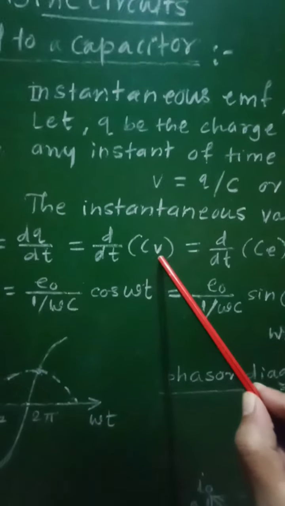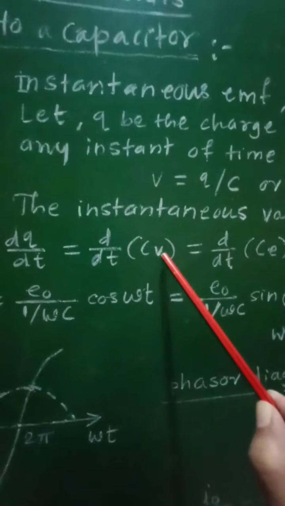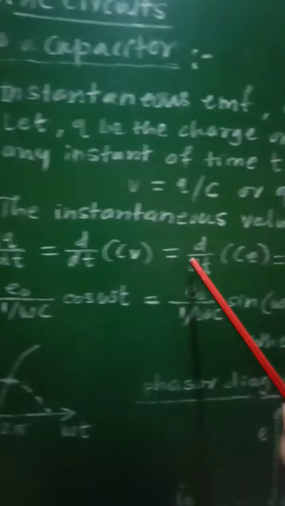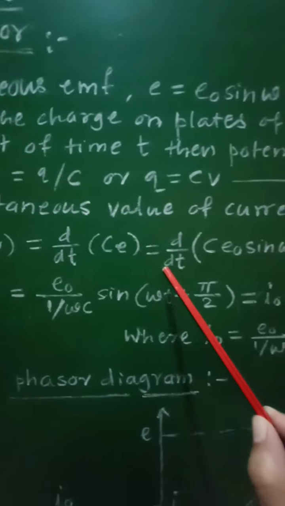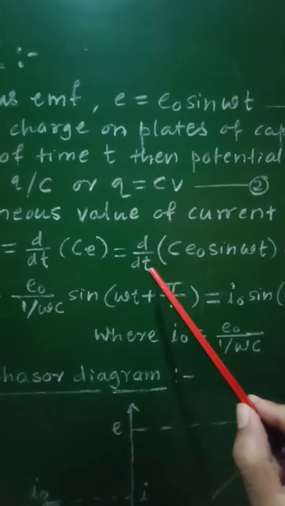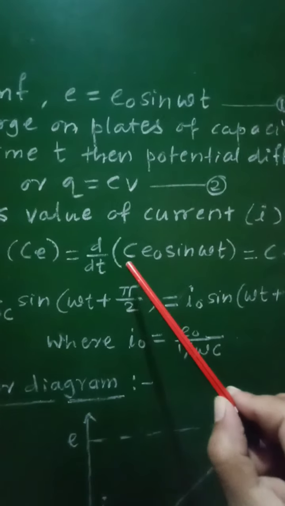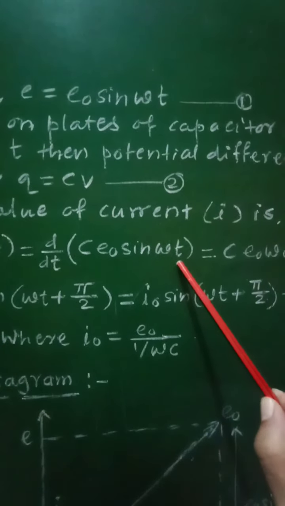But in this case the potential between the plates of the capacitor will be written in terms of E, and therefore we can write d by dt of CE. That will be equal to d by dt of C E0 sin omega t, since E is E0 sin omega t.